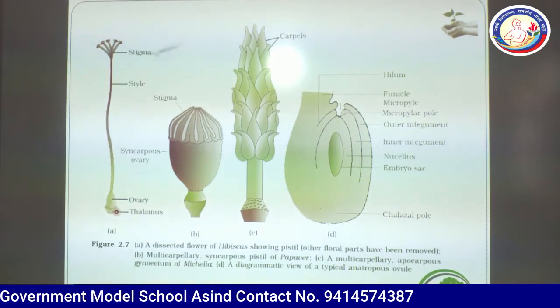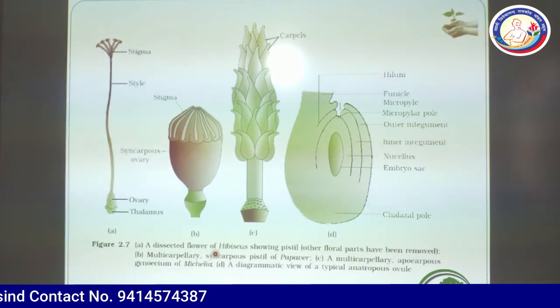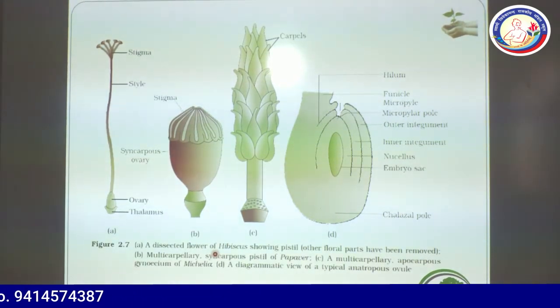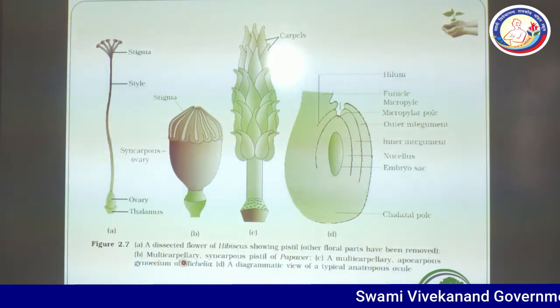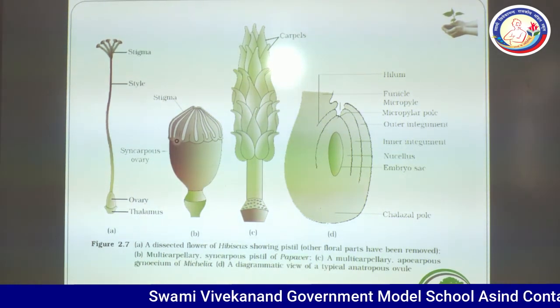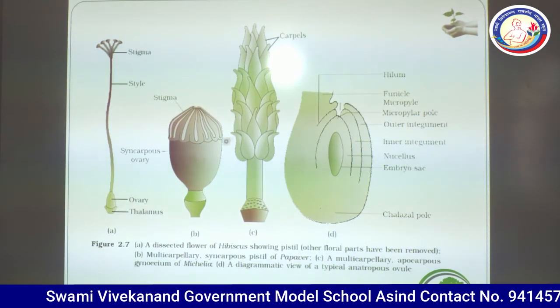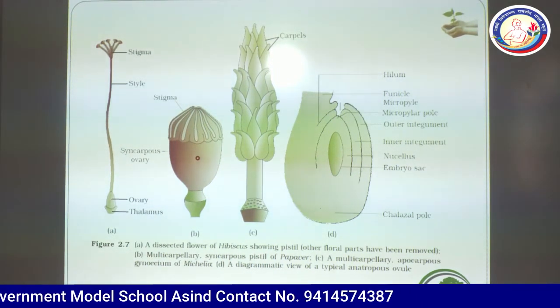So in figure 2.7a, a dissected flower of hibiscus showing the pistil, and in the second one you can see the multicarpellary structure. This is the multicarpellary condition of Papaver somniferum.